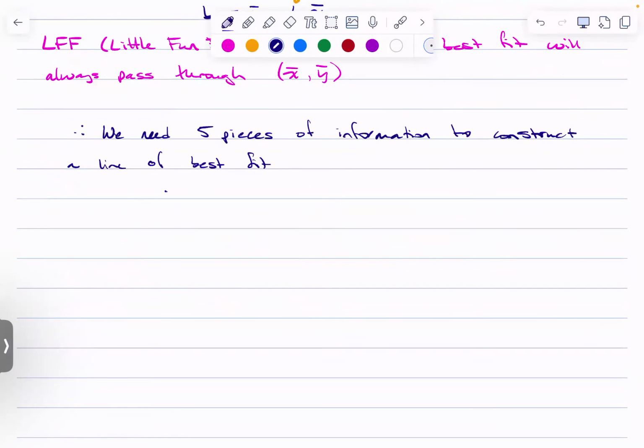You need X bar. You need the standard deviation of your X's. You need your Y bar. You need your standard deviation of the Y's. And you need the correlation between the two.